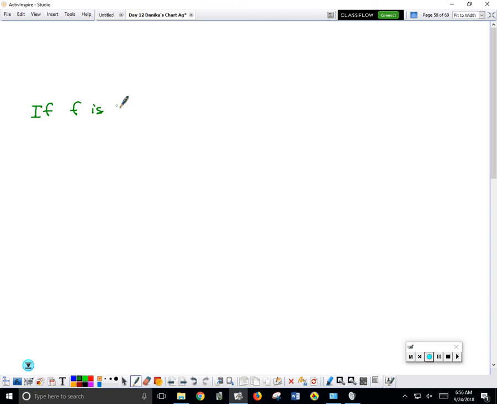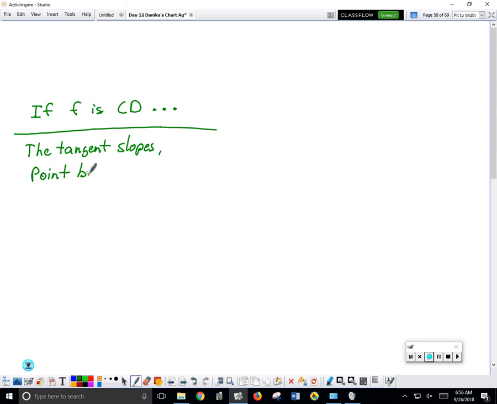Let's say, I try to make my flashcard short: if f is concave down, concave up's just the opposite, then I have dot, dot, dot, the tangent slopes of f, point by point, will decrease in value. And then I put in parentheses, secants too.